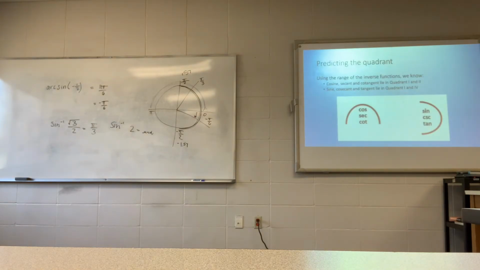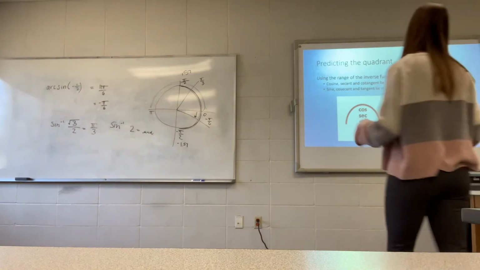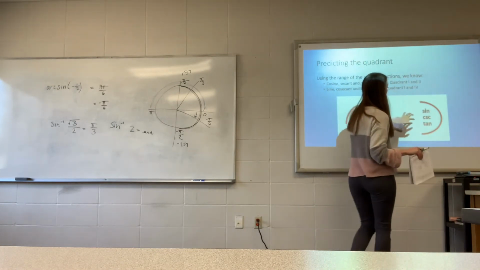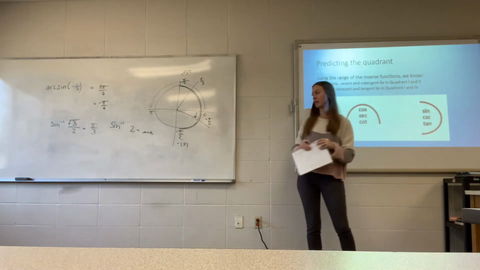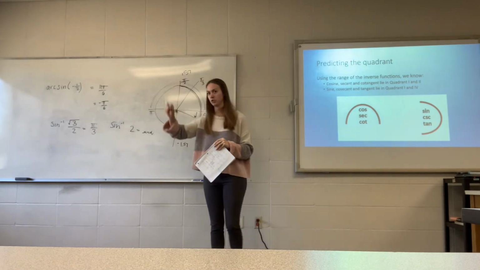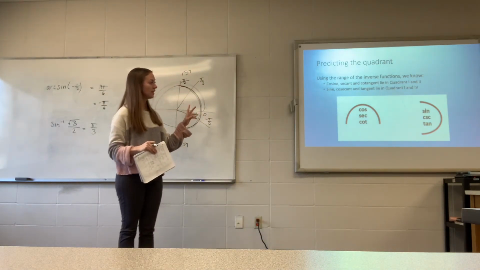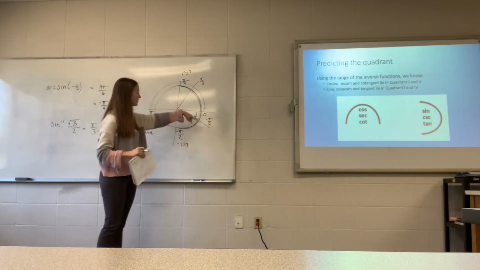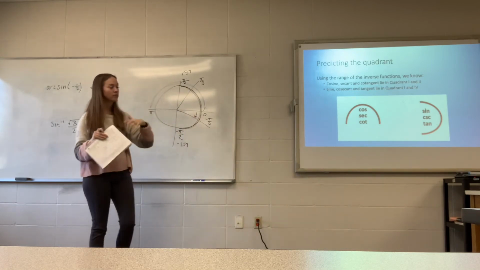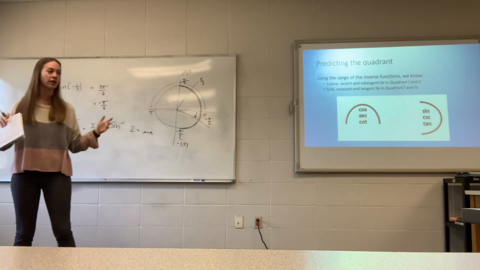Okay, so this tells us we've already been using sine and cosine, where to look on our circle for those. But so sine, cosecant, and tangent are gonna be in the negative pi over 2 to pi over 2, okay? And then cosine, secant, and cotangent are gonna be in the 0 to pi. Okay, so this helps us figure out where we're looking on our circle.